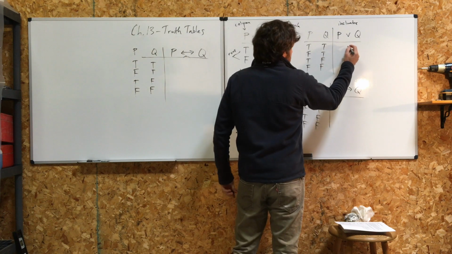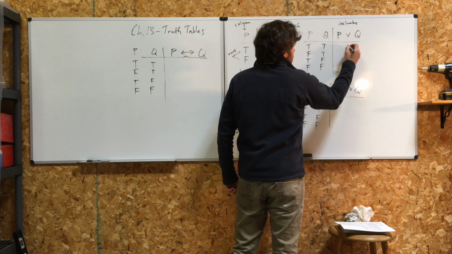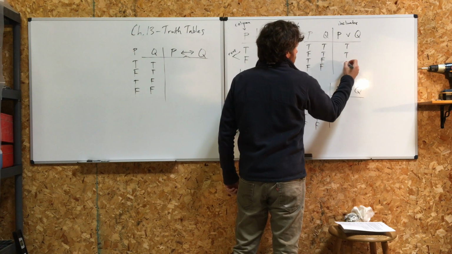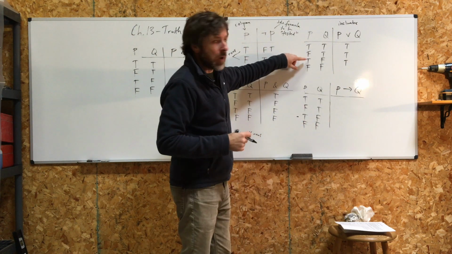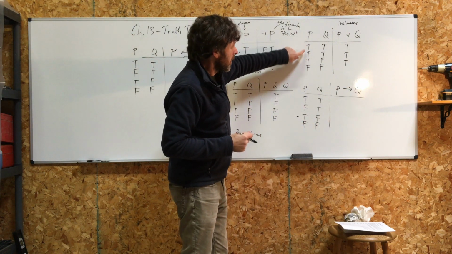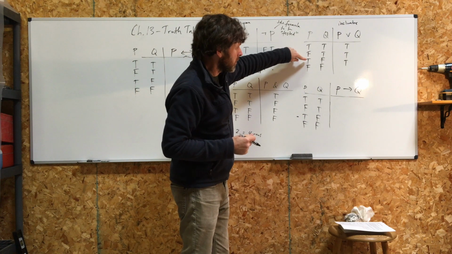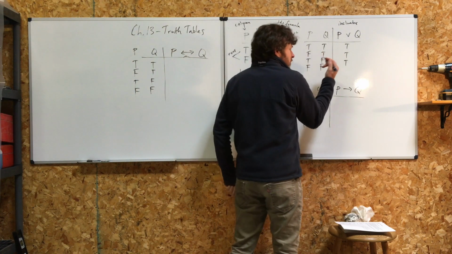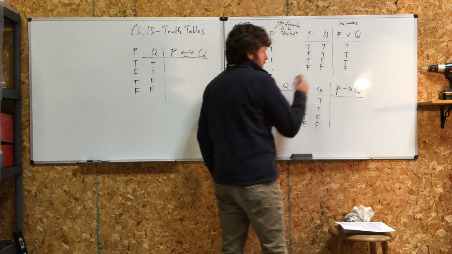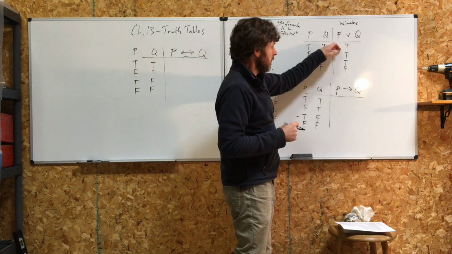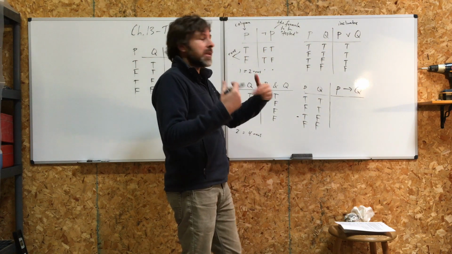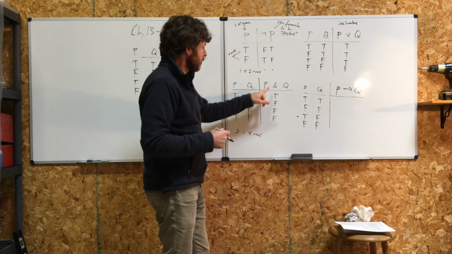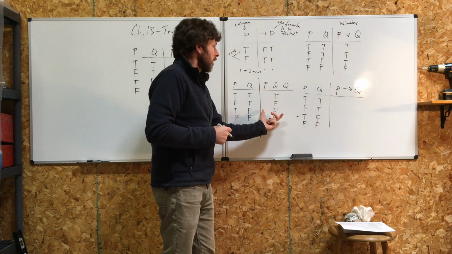So under that definition, we get true values in the first 3 rows, because in all of them you have at least one disjunct that's true. Disjunction is only false when both disjuncts are false. So T, T, T, F. You can see it's more easily satisfiable than the conjunction.